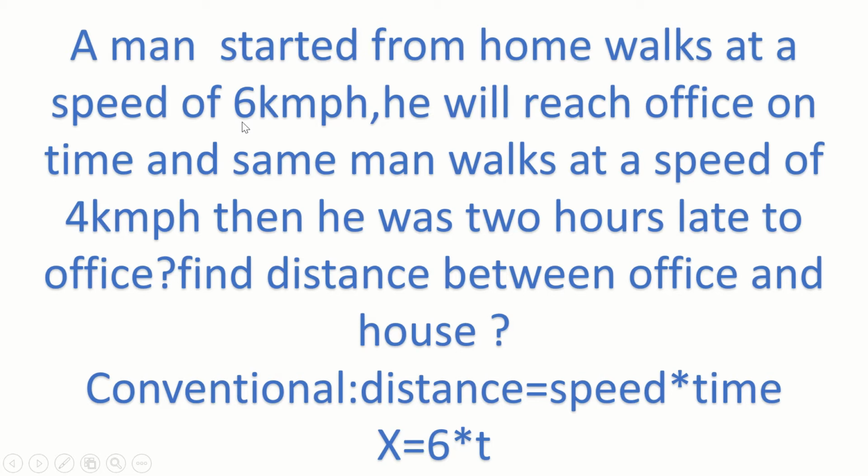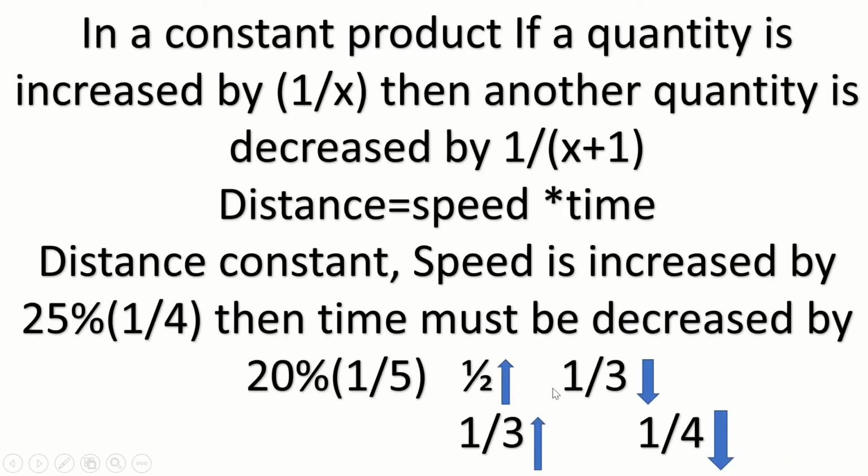If a one third decrease is there, then time is increased by how much? If you don't remember, go to the previous slides. If one third decrease is there, the increase will be 1 by 2.